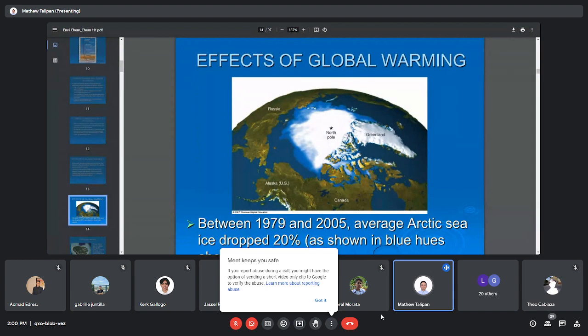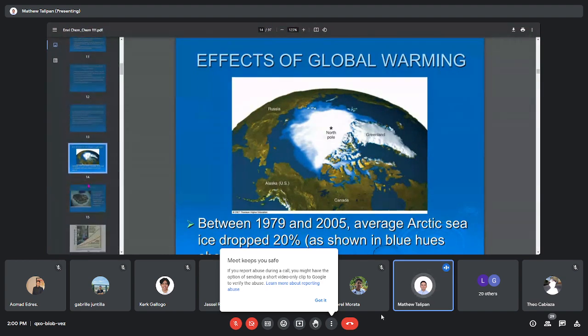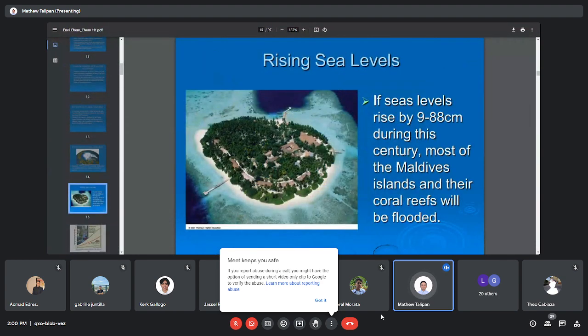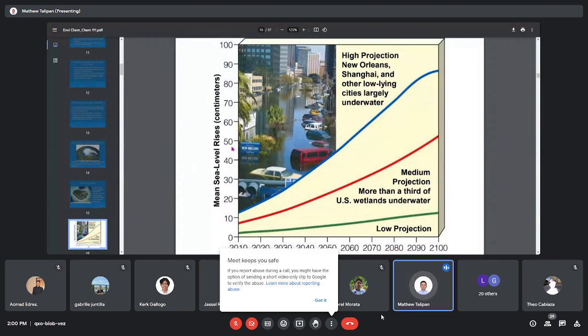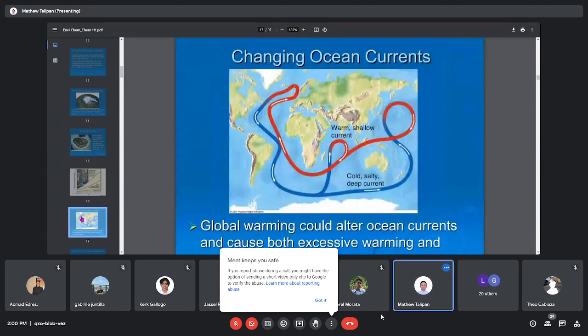We all know that melting glaciers can, of course, cause rising sea levels. For example, this can accelerate urban flooding in many cities, and even affect, let's say, ocean currents. It can change the natural direction or flow of ocean currents, and these changes can also accelerate the melting of glaciers in the Arctic regions.